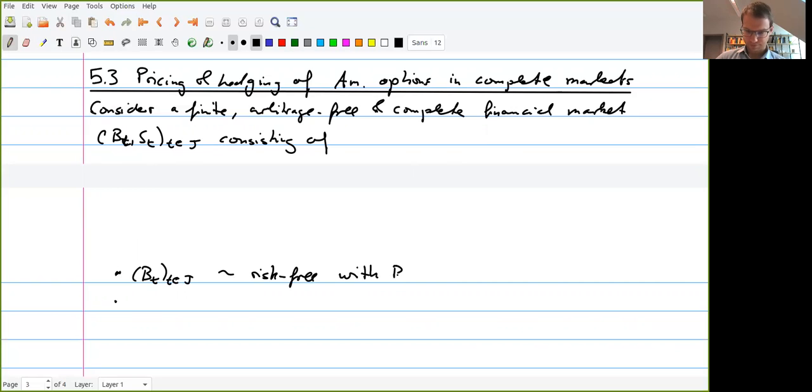And to make my life easier, I normalize the risk-free asset to be 1 at time 0. And this S is a stochastic process which models the risky price evolution of the future prices. Okay, this is our standard setting.